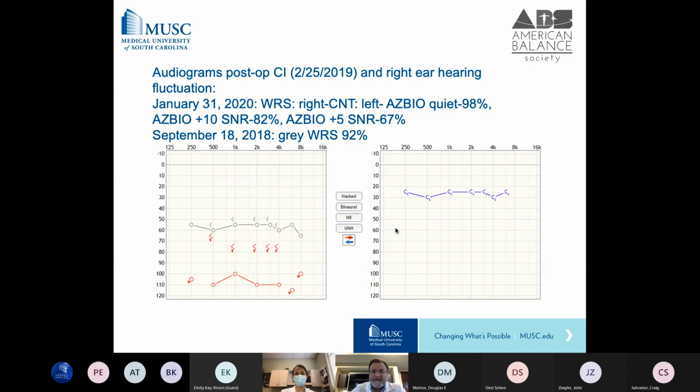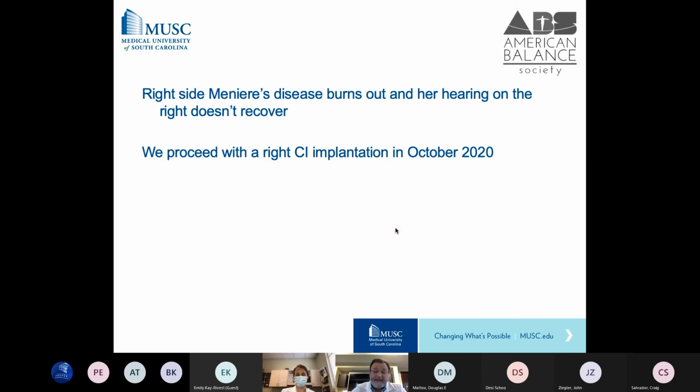So we finally did the CI on the left, and then her hearing on the right kept going down and became profound. And her disease burned out at some point on the right side. She stopped having severe vertigo attacks. She had some oscillopsia, but she kept going with vestibular therapy, and she was able to stay functional and work.